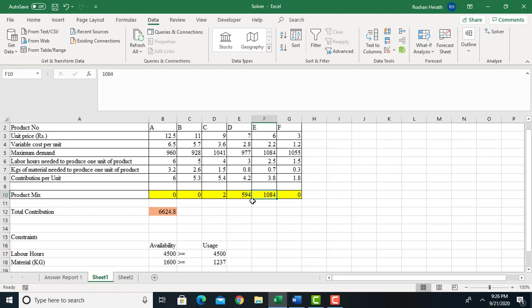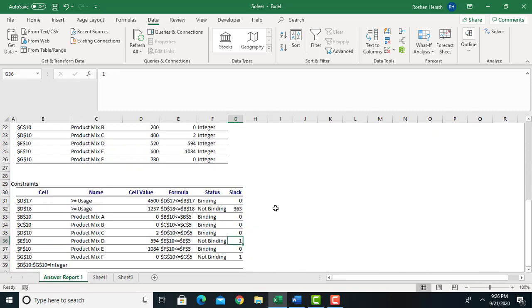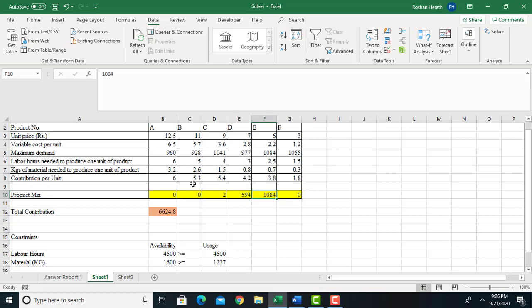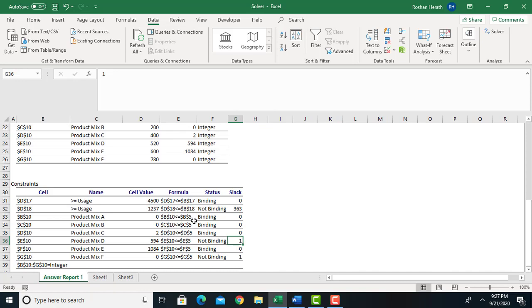And it must be seen in the context of all the other aspects. Also product F is not binding. It says there is a slack of 1 unit. You can even expand by one more unit, but depending on the other resource constraints, the maximum demand, and also the integer situation, it is non-binding.